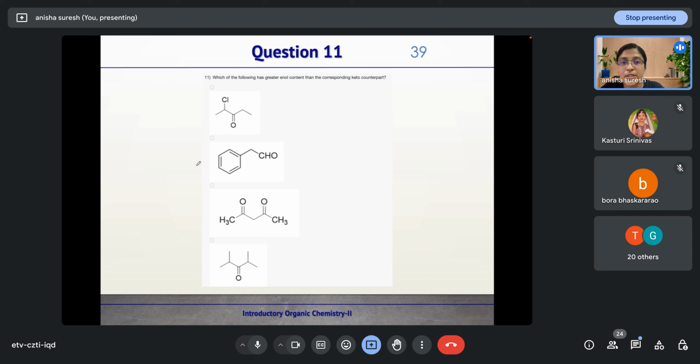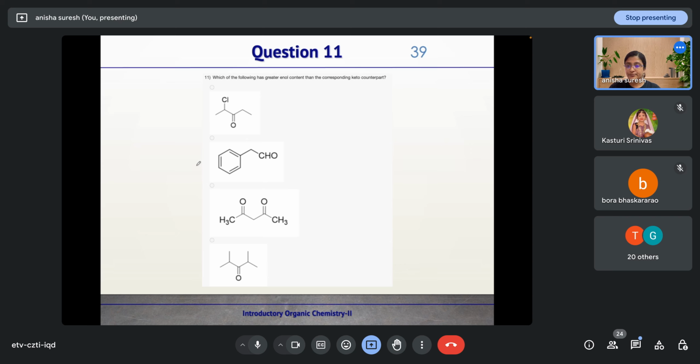So which will have greater enol content than the corresponding keto part? The factors that you have to consider while considering keto-enol tautomerism are hyperconjugation, hydrogen bonding, resonance, aromaticity, etc.